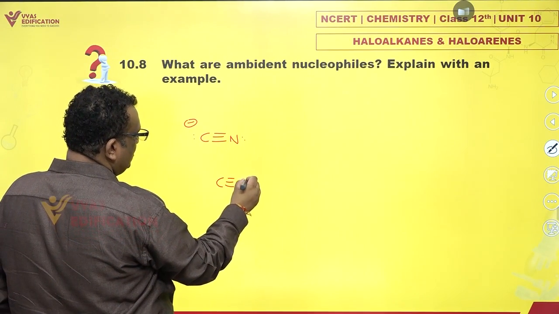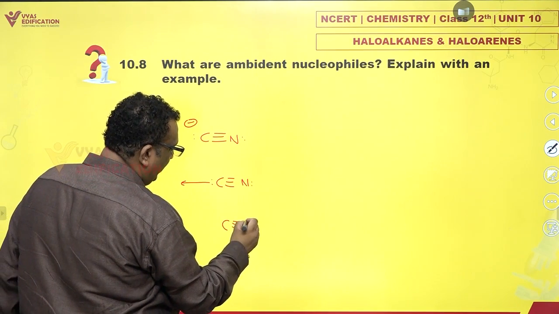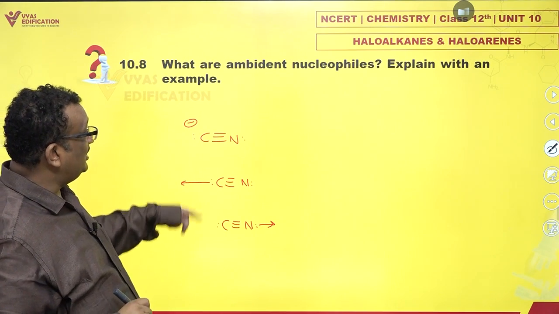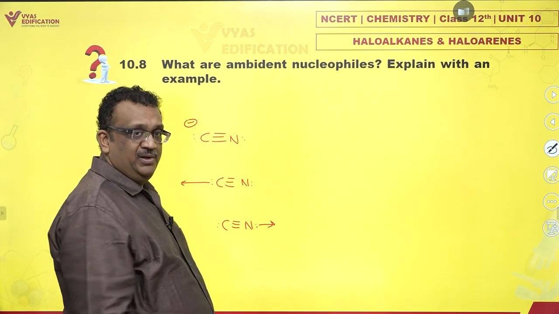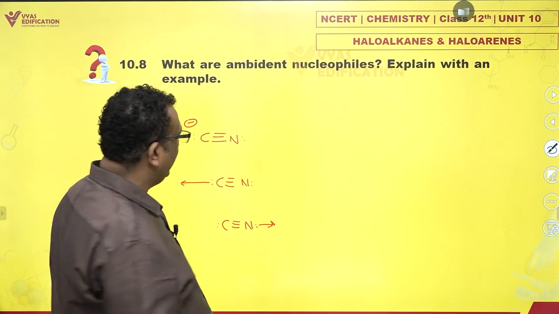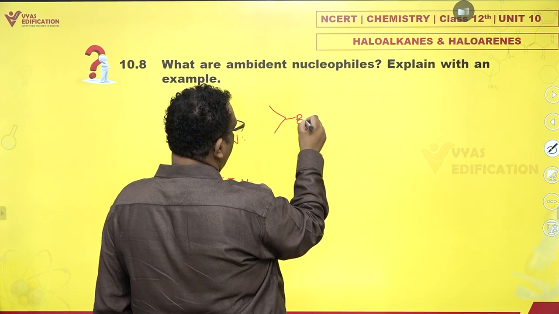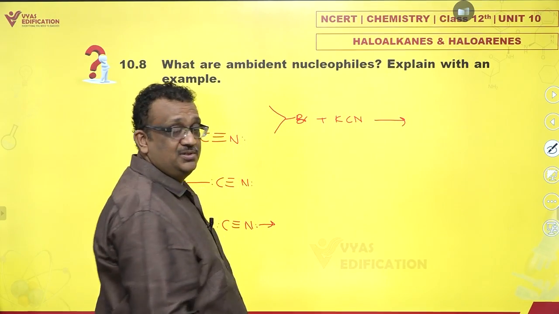Cyanide could possibly donate a lone pair through carbon. It also could have donated the lone pair through nitrogen. That is why cyanide is an example of an ambident nucleophile. If you want to be more specific, say something like this. If I have isopropyl bromide and I treat this with potassium cyanide, what happens?